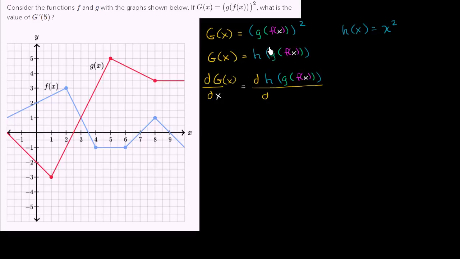So if you wanted to treat g of f of x as a variable, it's going to be the derivative of this whole thing with respect to g of f of x, times the derivative of g of f of x with respect to f of x, times the derivative of f of x with respect to x. I'm using non-standard notation here, but it helps me really conceptualize this.